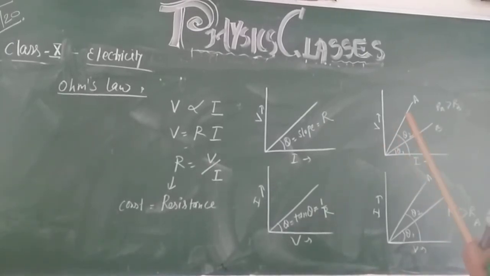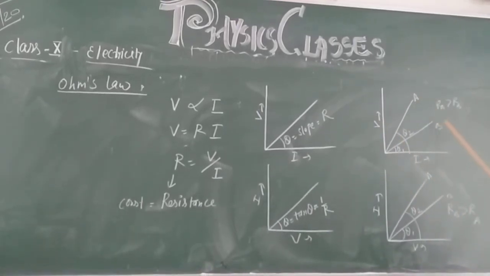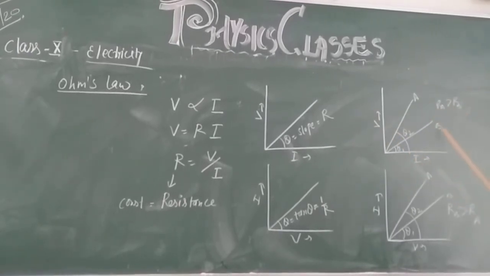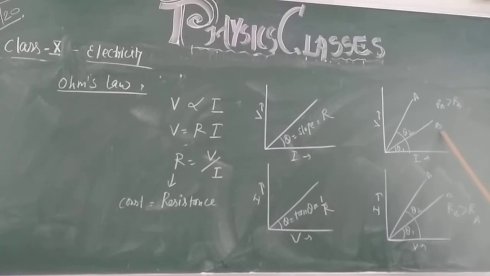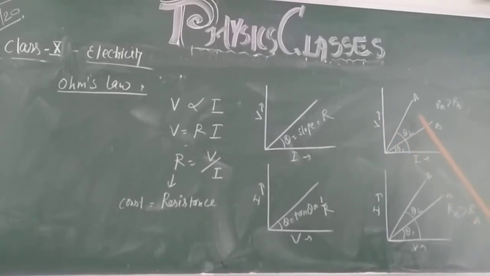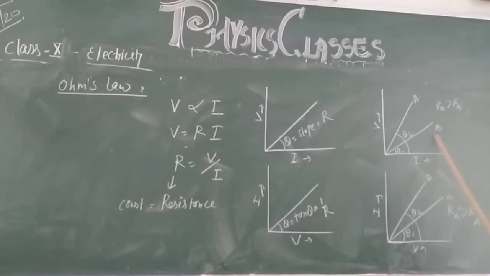Now there are some numericals, some questions based on Ohm's law. If the VI graph is given for two metals A and B, we have to find whose resistance is more. Both are straight lines, which means they follow Ohm's law.